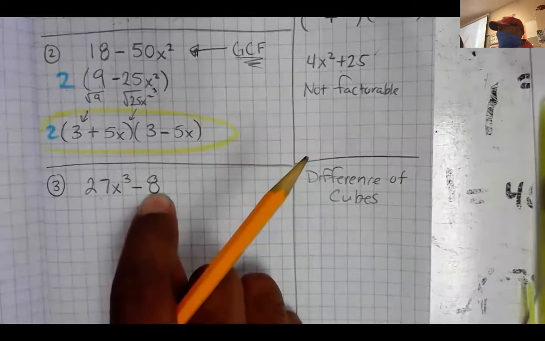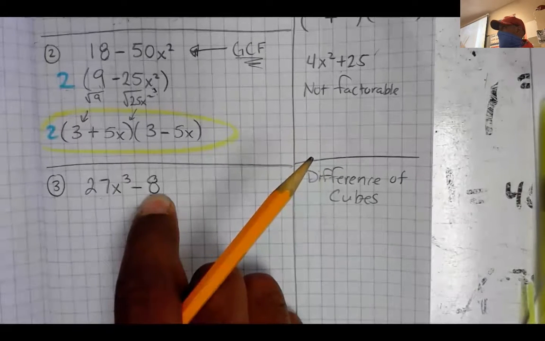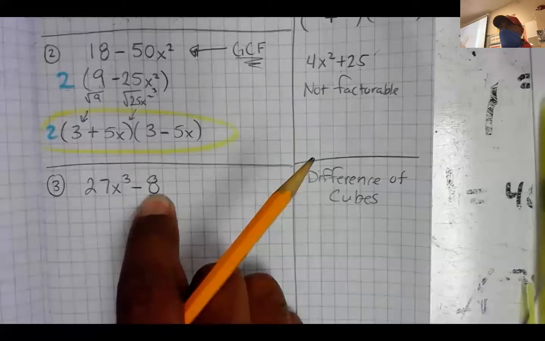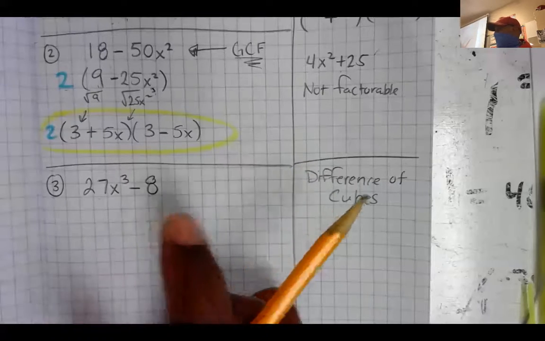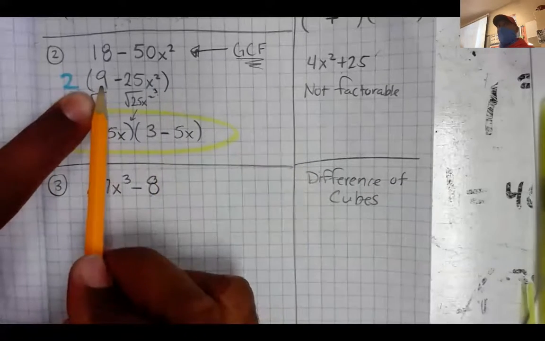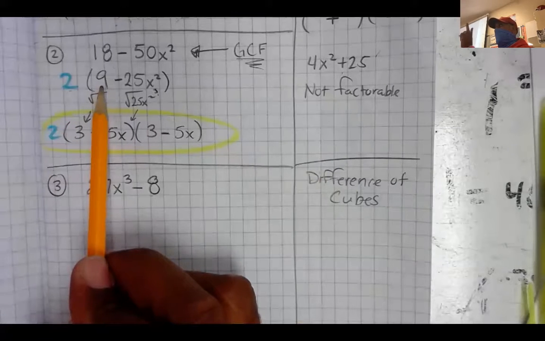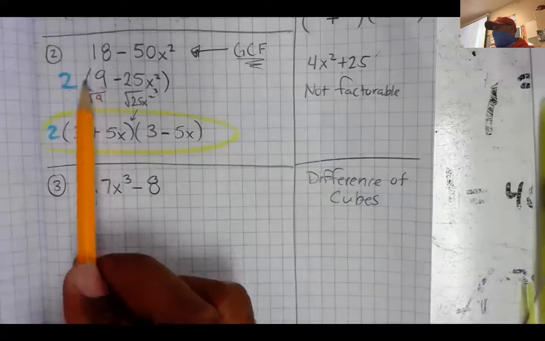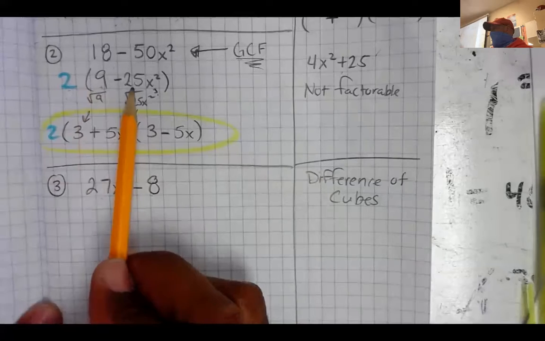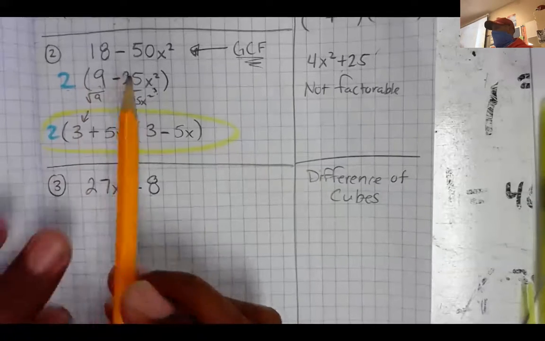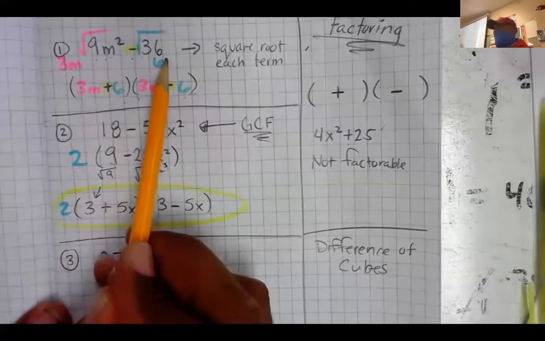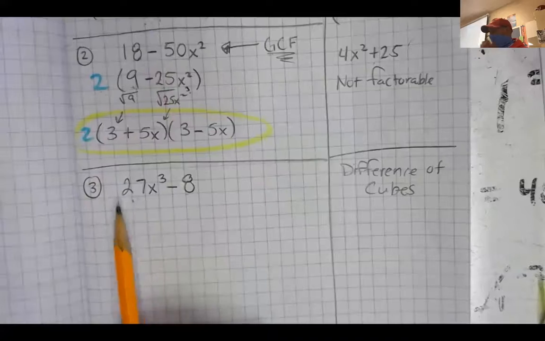What number would I multiply 3 times to get 8? 2 times 2 times 2. So those are perfect cubes, just in the same way that these are perfect squares, where there's one number I can multiply 2 times, like 3 times 3, 5 times 5, or 6 times 6.